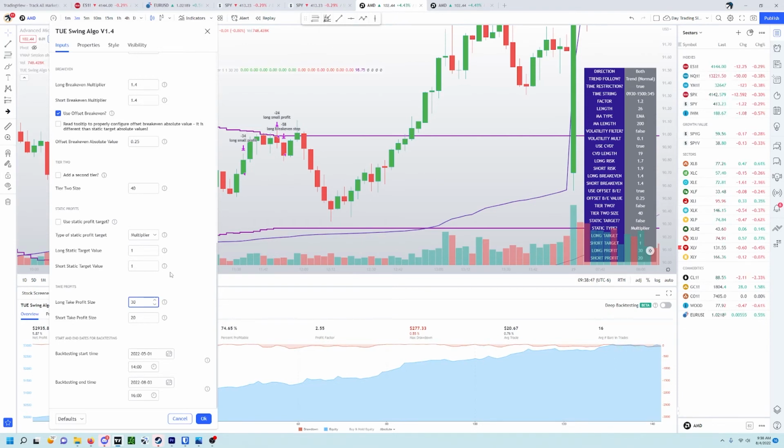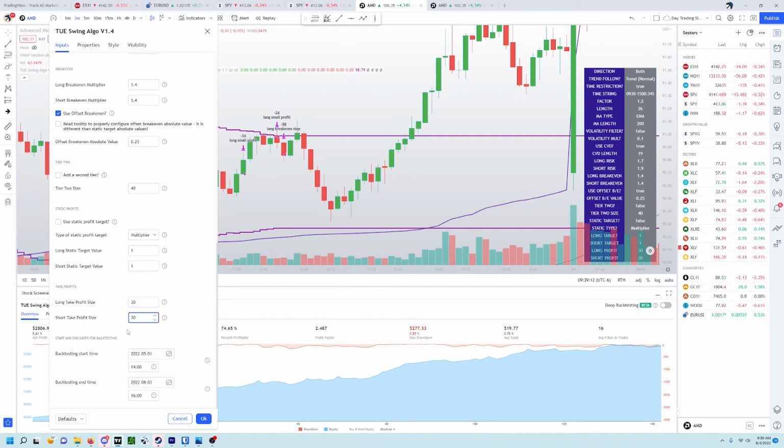Profit factor is a little higher there at 30, kind of like that. And now these numbers, the long and short sides, can be wildly different. And see, that actually brought my profit factor up quite a bit. Shorting, having smaller take profits.